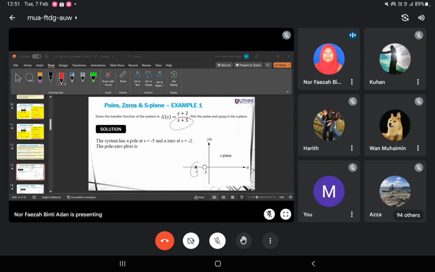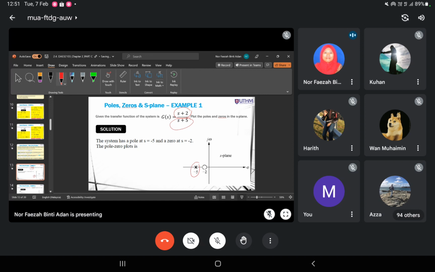So, untuk lambang yang pangkah, simbol pangkah adalah for poles. And then simbol untuk zeros adalah bulat. So, kalau kata you punya numerator adalah S tambah 2 dalam this case, you punya zeros adalah negatif 2.